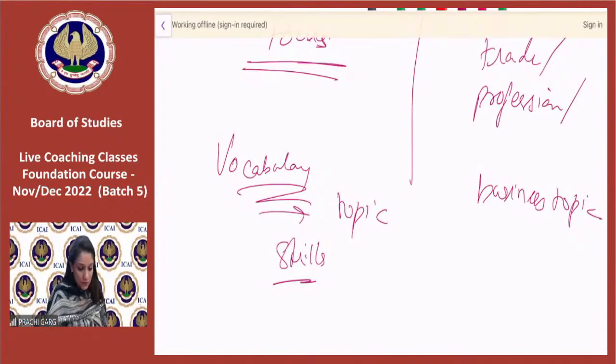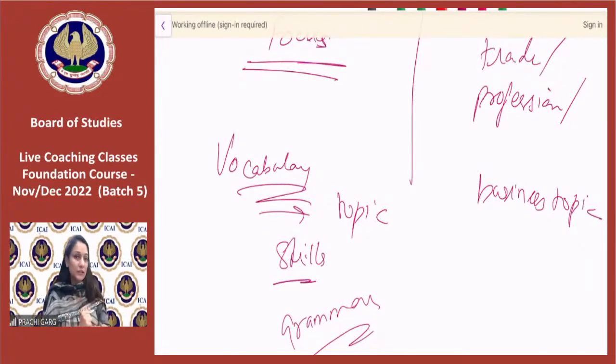Then comes the grammar. Please understand, in both cases grammar is very important. Grammar is the foundation of any language, right? But the structures can differ in how to use them, and that structure will also depend on the vocabulary.